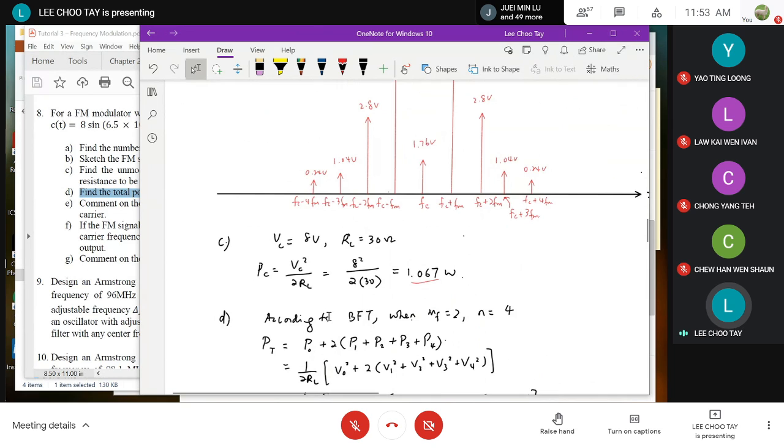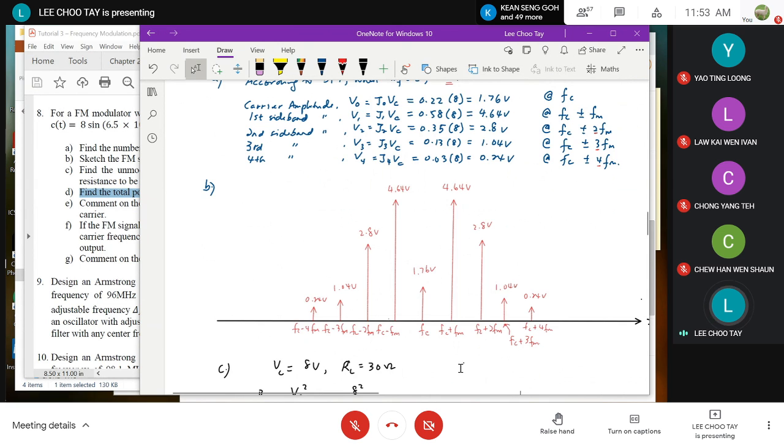Again, the power for each frequency component is basically the amplitude square divided by 2, or 2R because R is given. So here my common factor is 2R, so I put it outside the bracket. And then basically it's V0 square plus 2 times V1 square plus V2 square plus V3 square plus V4 square.